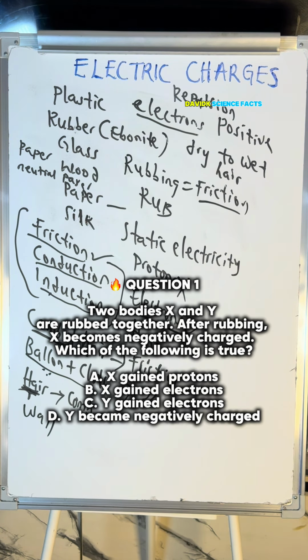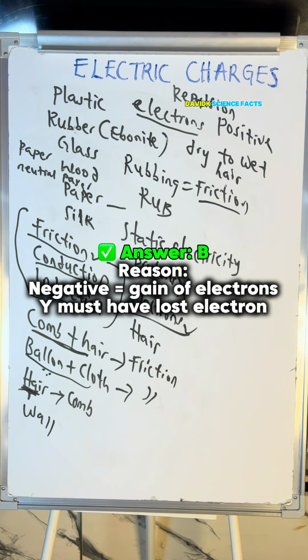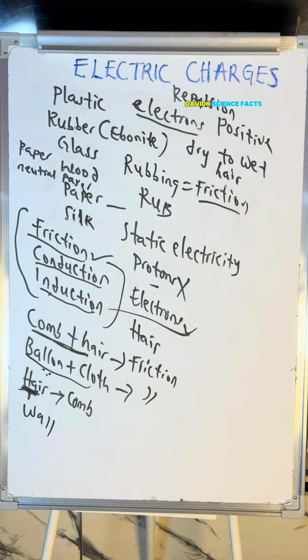You have 5 seconds. Think. The answer is B. Gained electrons. Shortcut answer: negative always means gain of electrons. Take notes.